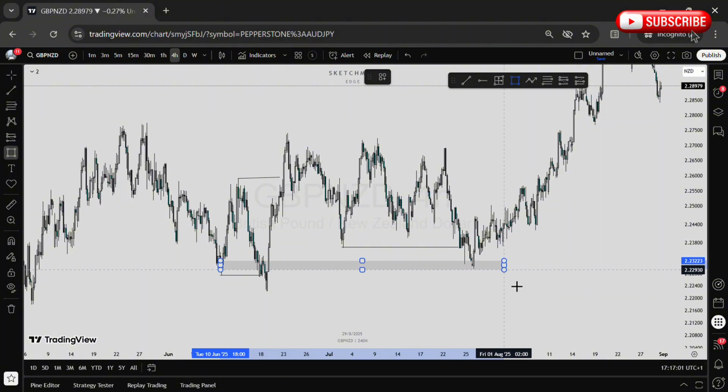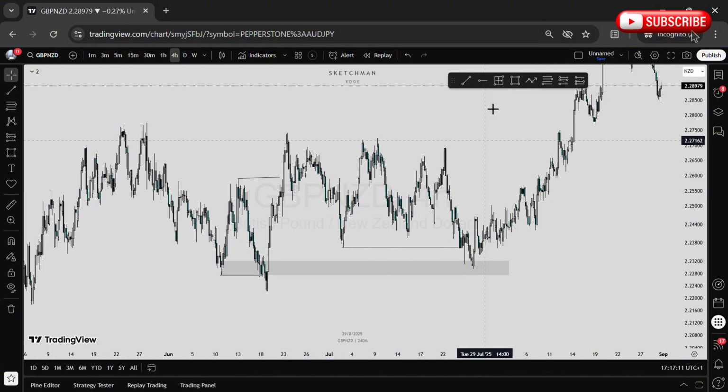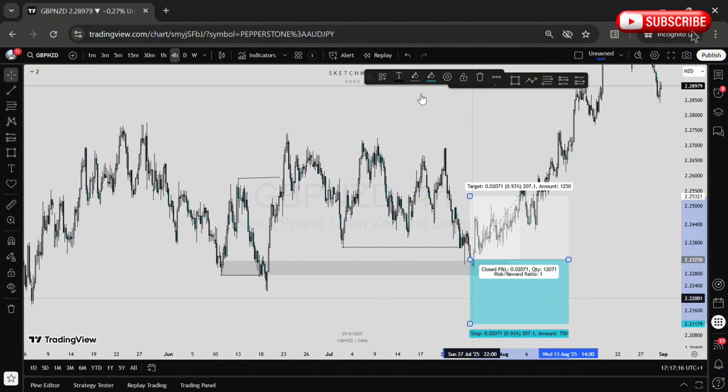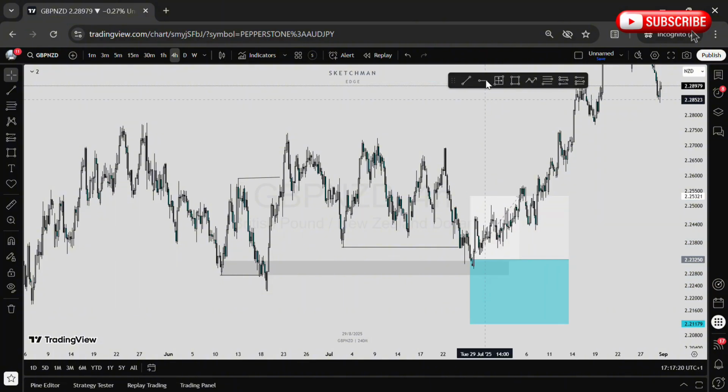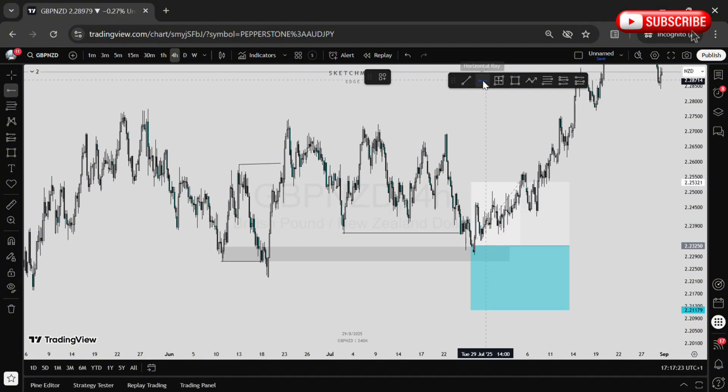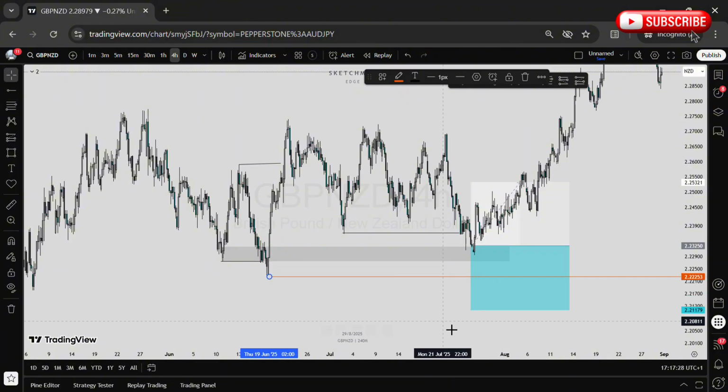So our point of interest, and basically, as always, you say Bismillah and buy, right? Stop loss slightly below these lows.